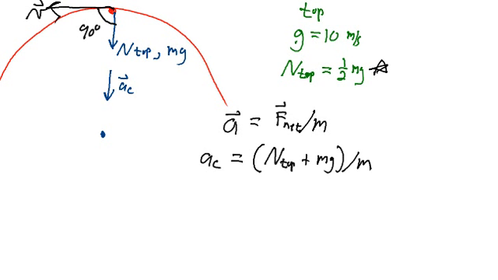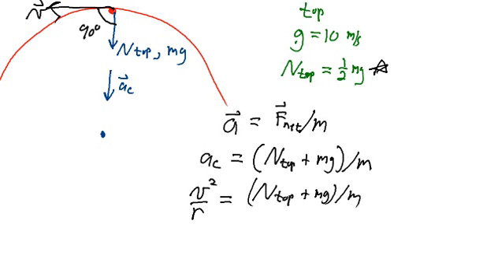Alright, I can remember the formula for the centripetal acceleration, and I can either use the v squared over r or the omega squared r version, and here I'm going to use the v squared over r version because we want to find the speed. So I'll write that down. So I have N top plus mg divided by m.